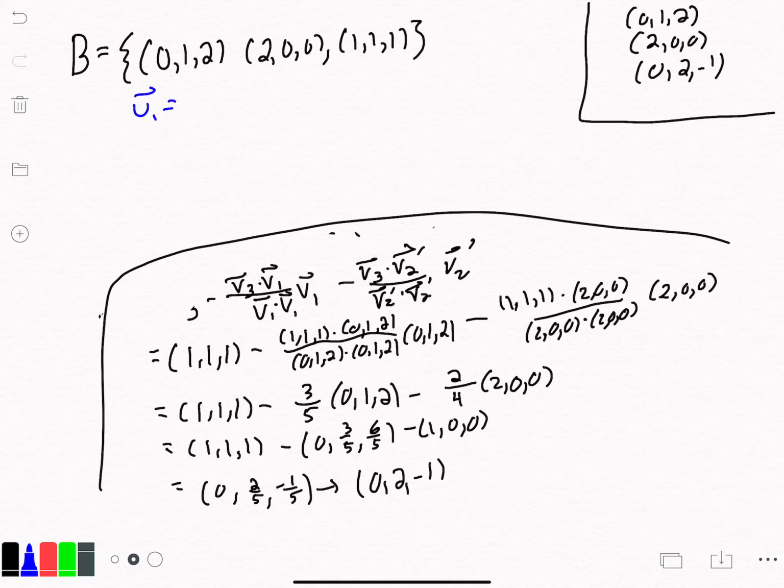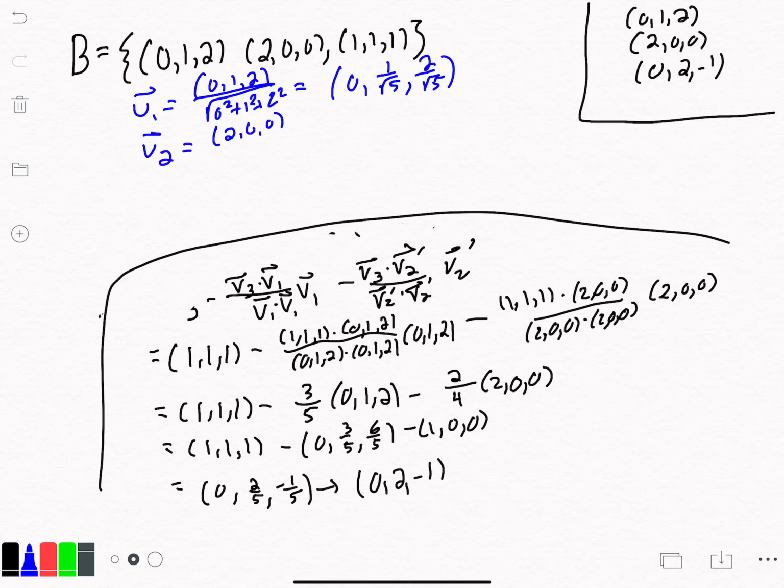So U1 is going to be (0, 1, 2) divided by the length of that. And we're going to have (0, 1 over root 5, 2 over root 5). And U2 would be the (2, 0, 0) over the square root of 4, which is (1, 0, 0). And U3 we get this.